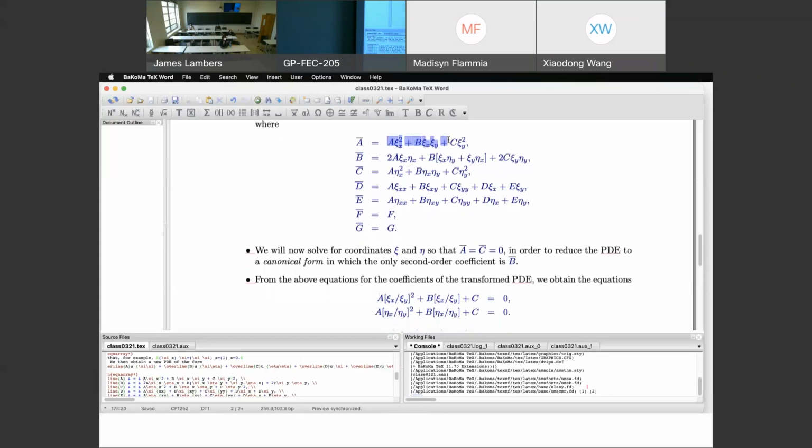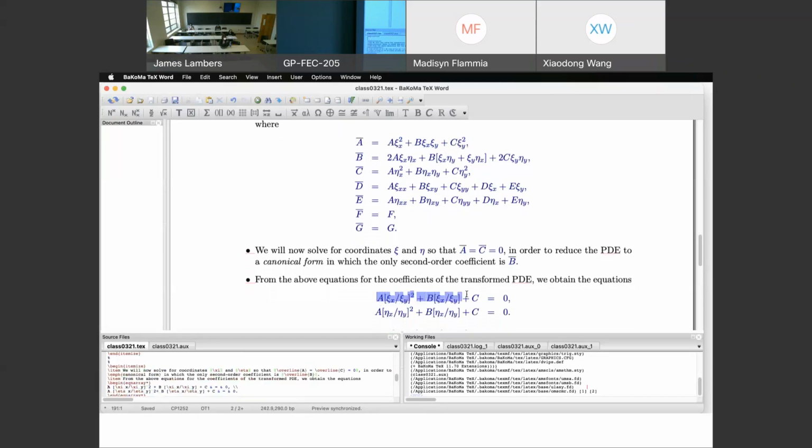I can start with this, and if I divide through by xi y squared, then I get this quadratic equation. And then similarly, I'll take this expression, set it equal to 0, and divide through by eta with respect to y squared.